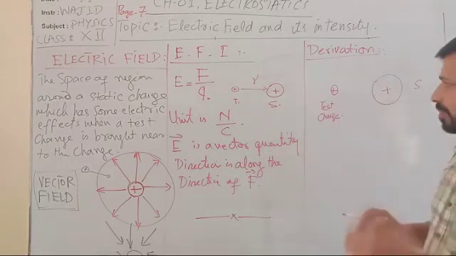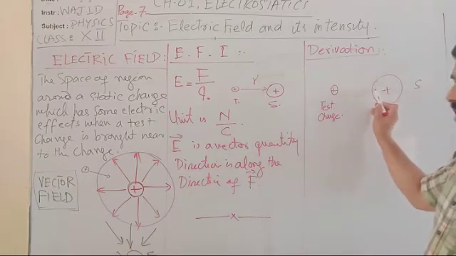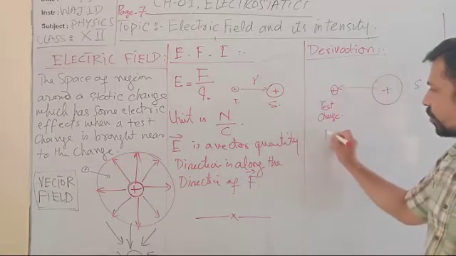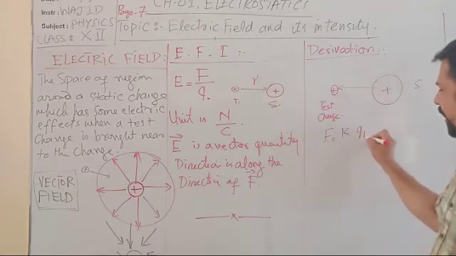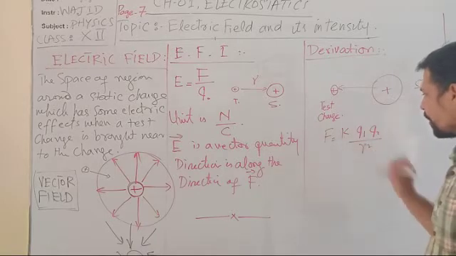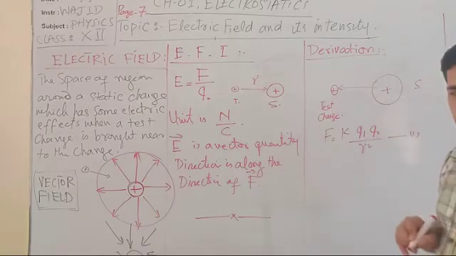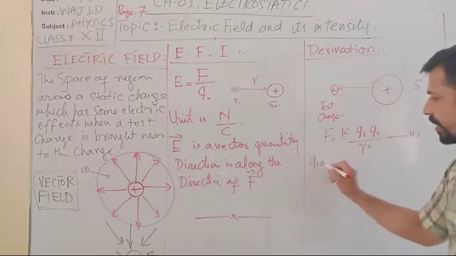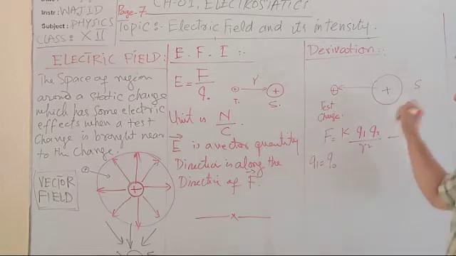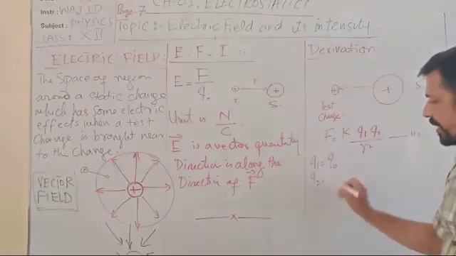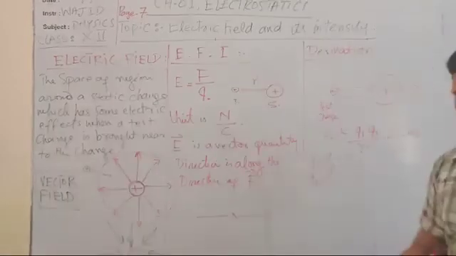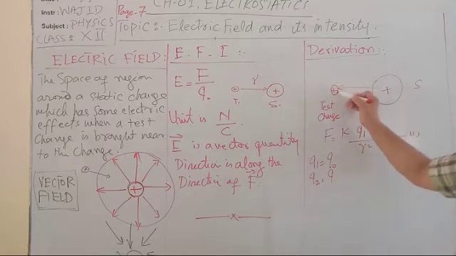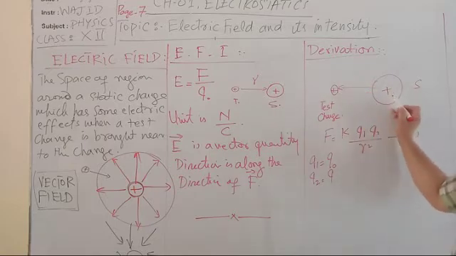According to Coulomb's law, the force exerted by the source charge upon the test charge is shown by the equation F is equal to k q1 q2 divided by r square. This is equation number 1, where q1 is taken as the test charge, so we can write it as q0, and q2 is the source charge, which we can take as small q. So this is the force acting upon test charge q0 coming from the source charge q.